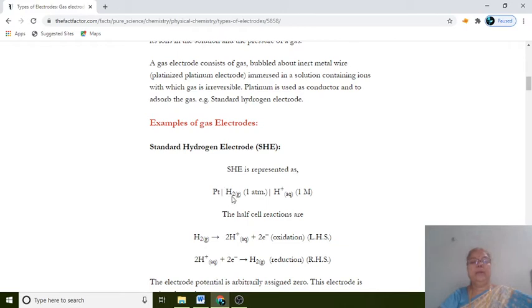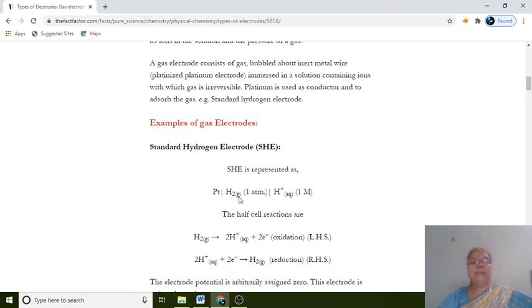Here we have taken the pressure of the gas as 1 atmospheric pressure, and the concentration of H plus ions as 1 molar. Therefore, this electrode is called the standard hydrogen electrode. Remember well, the standard hydrogen electrode is abbreviated as capital SHE, and it is represented as Pt, oblique line, H2.